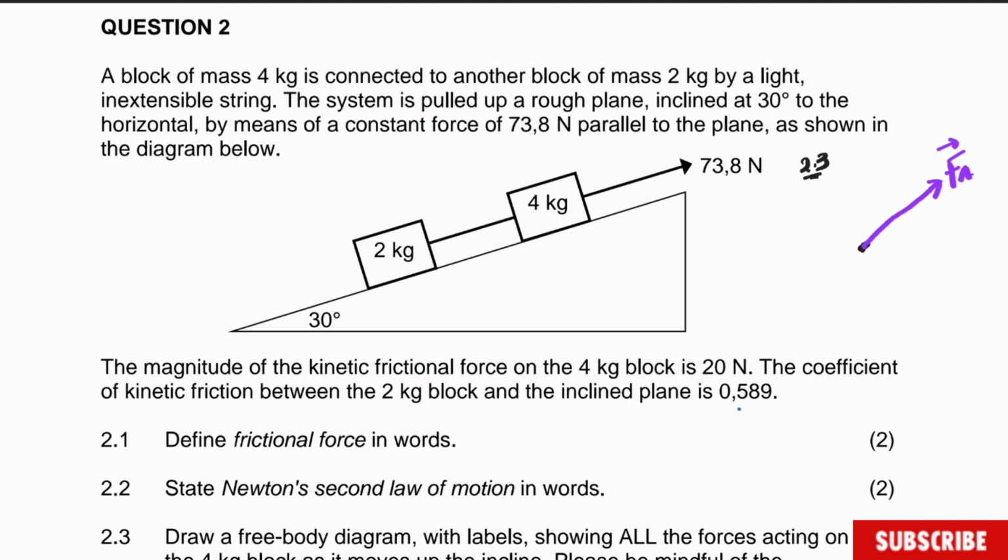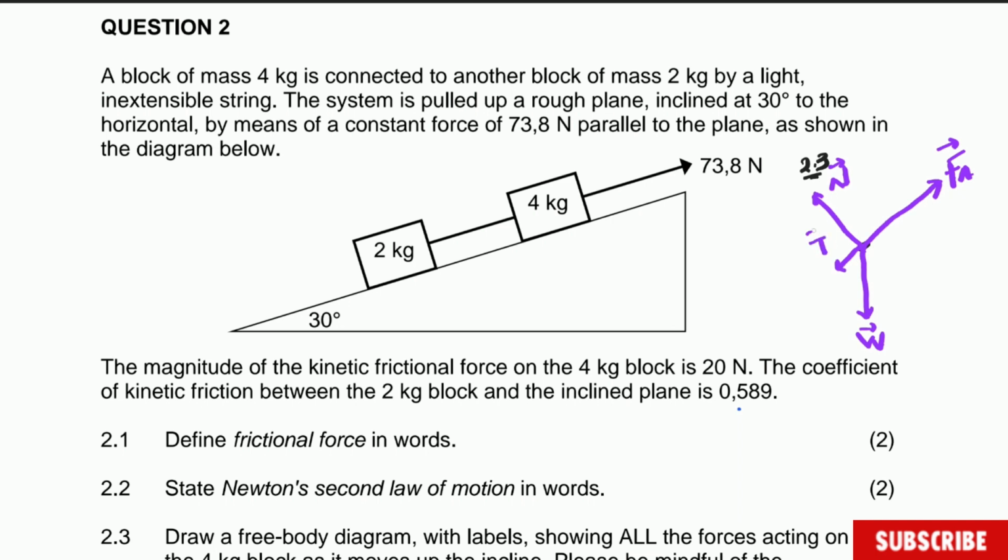What other forces are acting there? There is normal, perpendicular to the surface, because there is a surface acting on that object perpendicular to it. There is weight, straight down, that is weight. There is tension to the back.